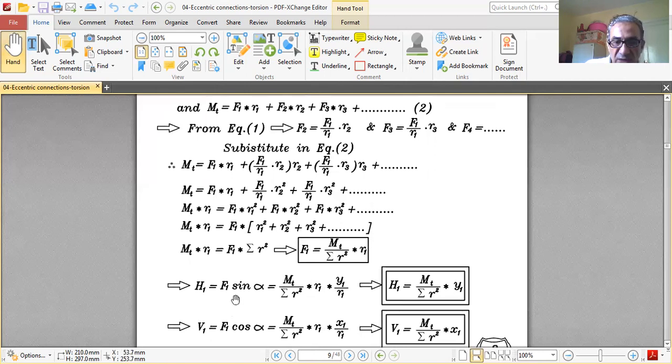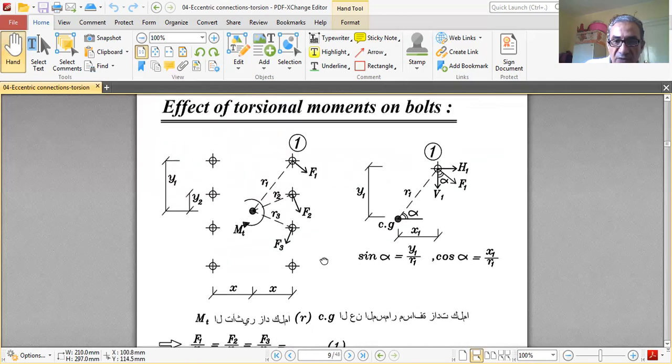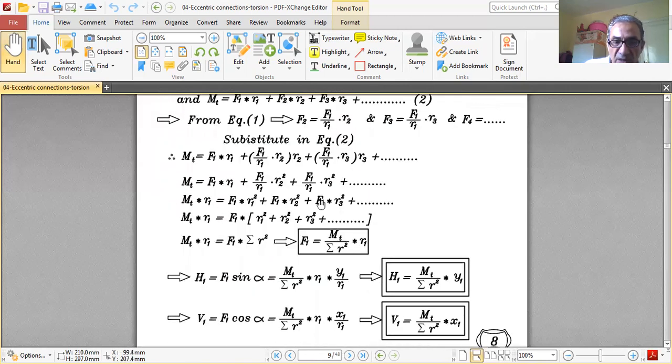H1 equals F1 sine alpha, or MT R1 over sigma R squared multiplied by Y1 over R1, or H1 equals MT Y1 over sigma R squared.